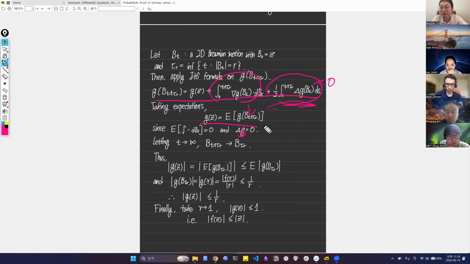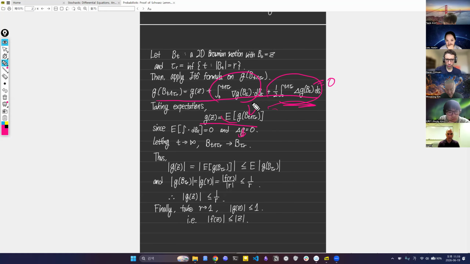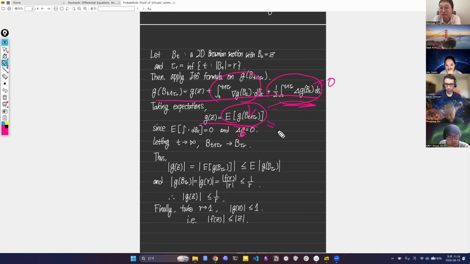And this part could be viewed as, how can I say it, Gauss's mean value theorem, because as I said, the Brownian motion has radial symmetry.